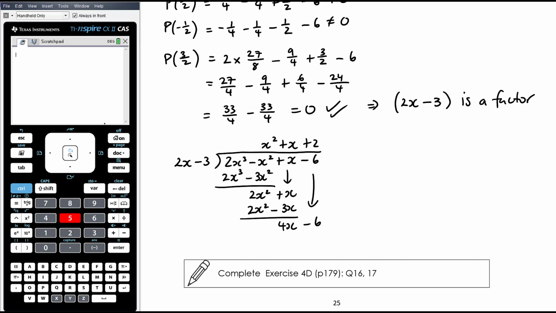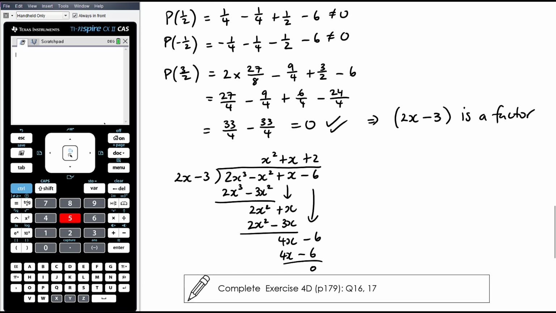Well, that's 2. 2 times 2x minus 3 is 4x minus 6, which is good. Confirms that 2x minus 3 is indeed a factor. Okay, so now we know that 2x cubed minus x squared plus x minus 6 equals 2x minus 3 times x squared plus x plus 2.